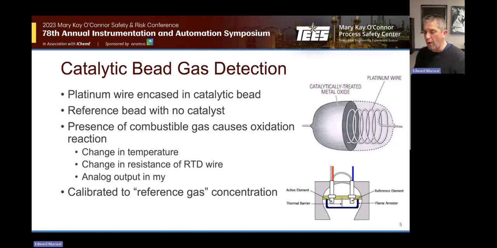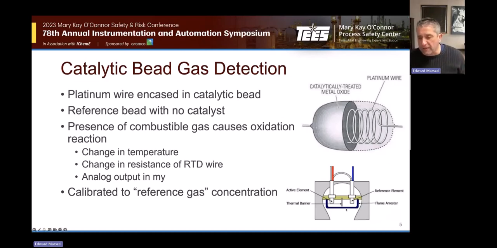Now, when I do this, I'm going to use a reference gas to do my calibration. If I want to measure something like a percent of LFL, so if I want to go into alarm at 50% of LFL, that's my gas concentration. I'm going to want to have a calibration bottle, a bottle of gas that is 50% LFL of methane in air if I'm looking to measure methane.